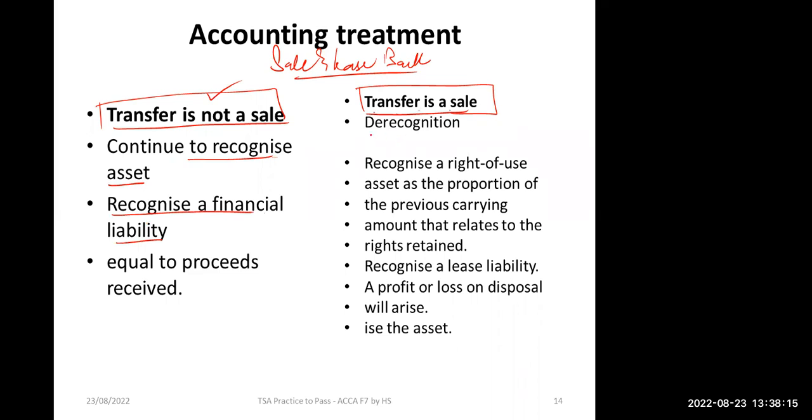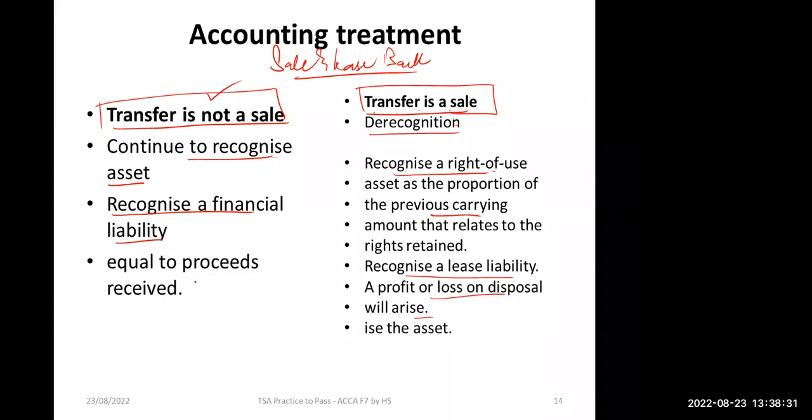When the transfer is a sale, we derecognize the asset, recognize the right-of-use asset as a proportion of the previous carrying amount, recognize the lease liability, and we also recognize the gain or loss on disposal.